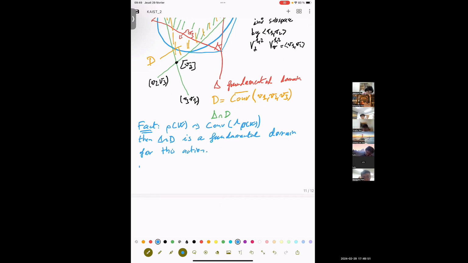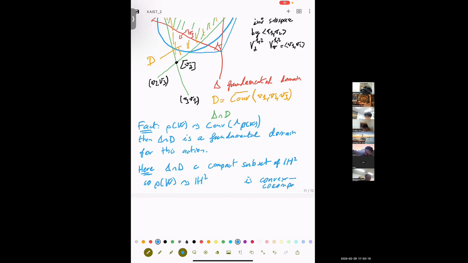So under this experiment here, delta intersect with D is a compact subset of H2. So the action is convex cocompact. Of course, same in the bigger convex set omega bin.